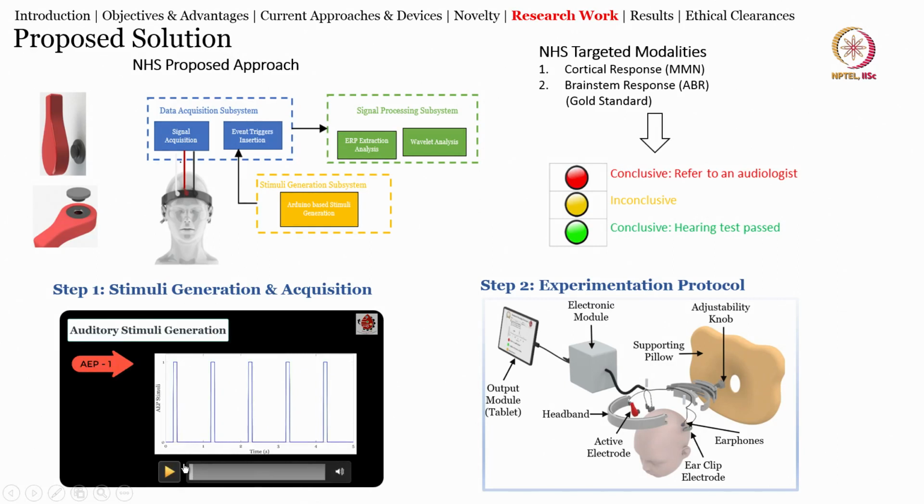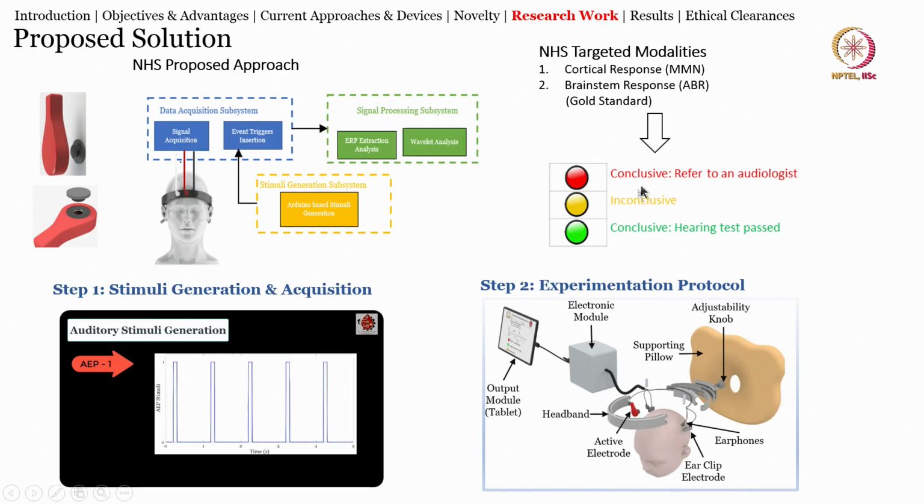So, this is how it is done: we have AEP, MMN, P300, and the stimuli can be generated with the help of the Arduino. We can also use other ways to generate the stimuli.